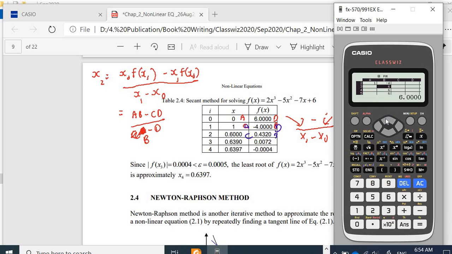Now I'm going to key in the formula to calculate x2 here. x2 is x0 multiplied by f(x1) minus x1 multiplied by f(x0), divided by f(x1) minus f(x0). So I'm going to key in this formula in your spreadsheet menu in the calculator.